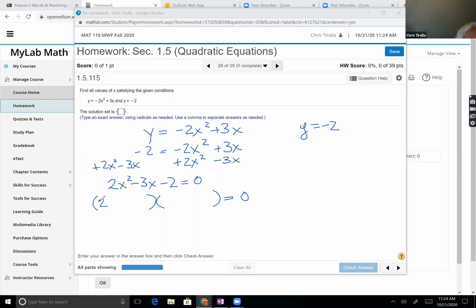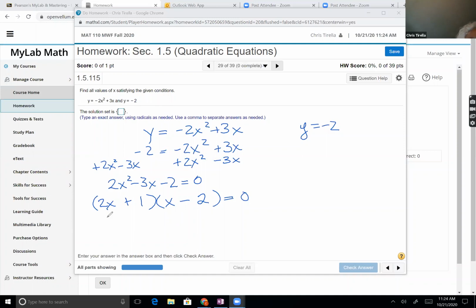If I have 2x and x, one's a plus, one's a minus. And if I put the 2 in here, when I FOIL, 2x times minus 2 would give me minus 4x in the middle. If I put the positive 1 there, minus 4x plus 1x gives me that negative 3x in the middle. So I factored it right.